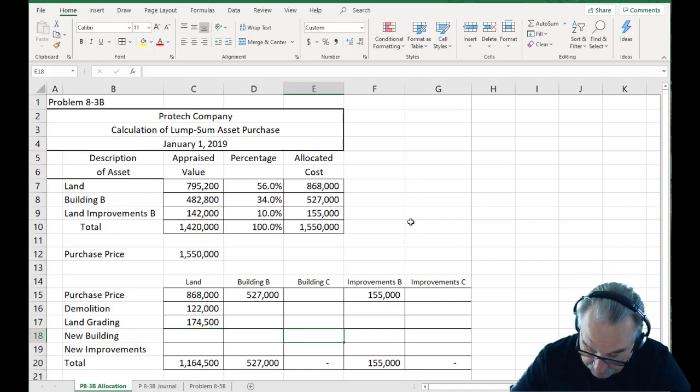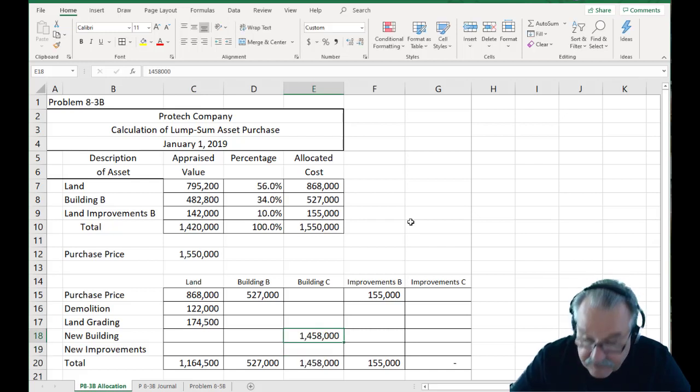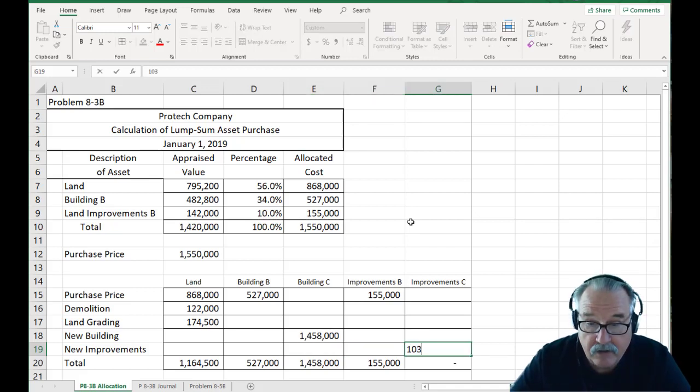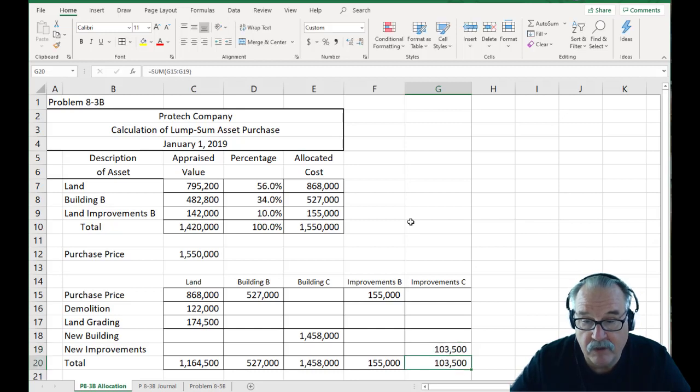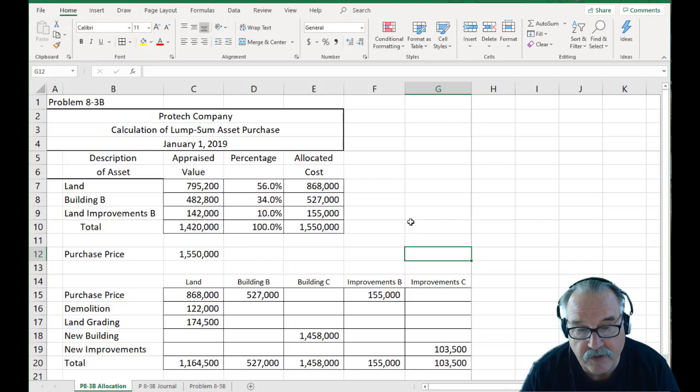And we're calling that building C, which is $1,458,000. And then we also did some improvements to building C, again, parking, landscaping, hardscaping, fencing, whatever it was. And that was $103,500.